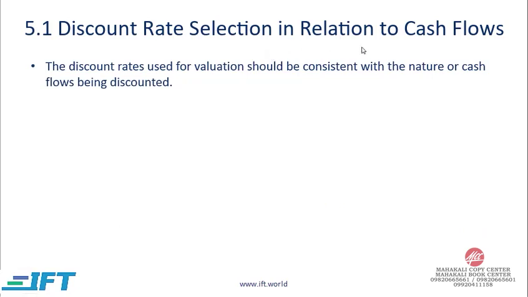Discount rate selection in relation to cash flows. The point here is that we need to use an appropriate discount rate given the cash flows that we are discounting. The discount rates used for valuation should be consistent with the nature of cash flows being discounted.